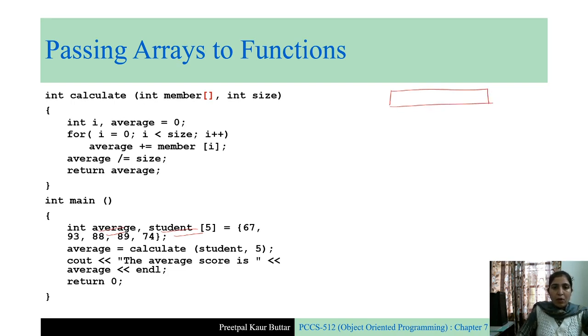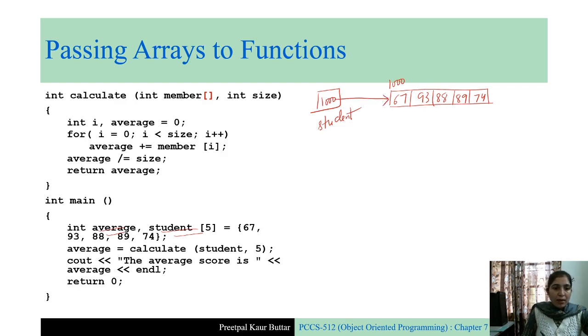A block of memory will be allocated, and this block of memory will contain 5 elements, and these 5 elements are initialized to values 67, 93, 88, 89 and 74, and student is actually a pointer variable, and this pointer variable will hold the base address of this block of memory.